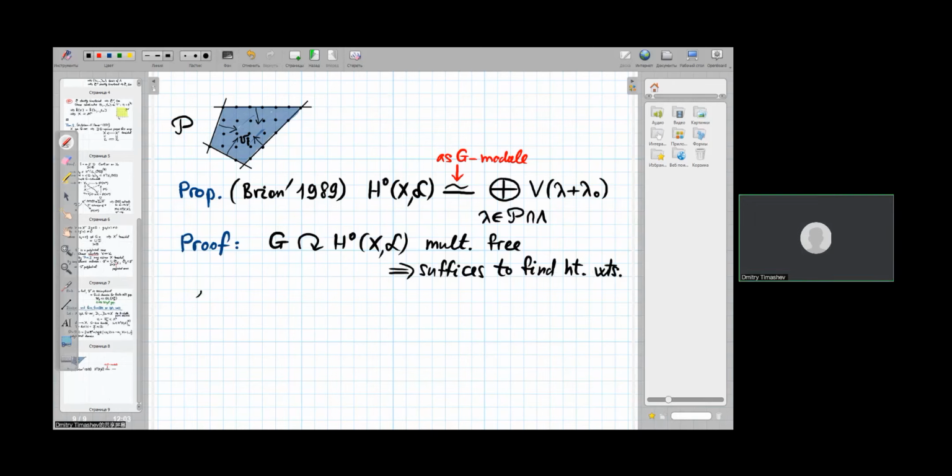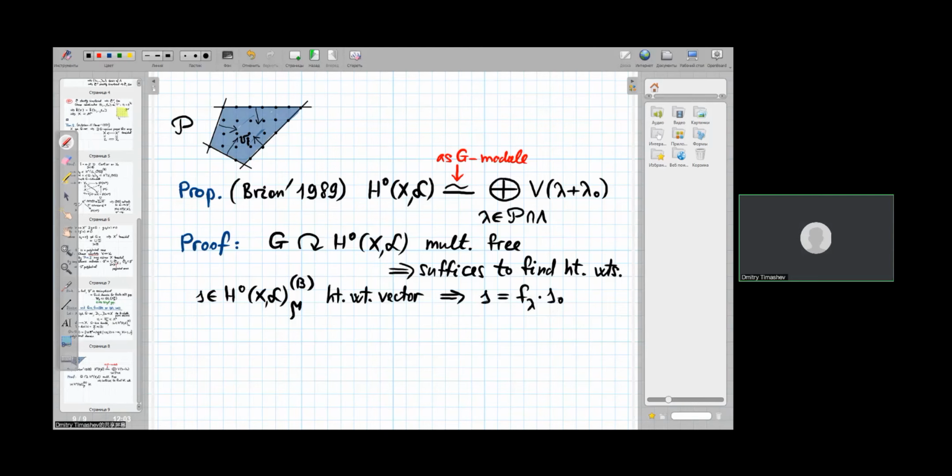Suppose we have a highest weight vector S in the space of sections, a B semi-invariant vector of some highest weight mu. Then, since this S is B semi-invariant, it differs from S naught by a semi-invariant rational function, f lambda.